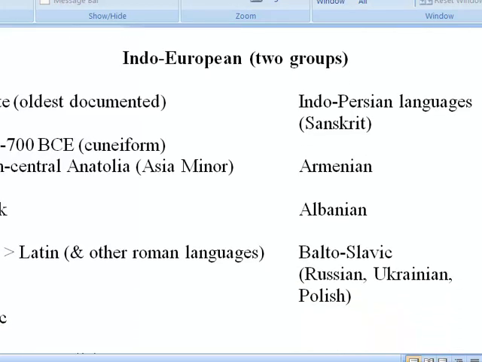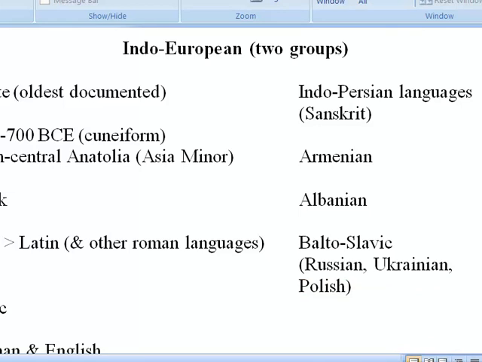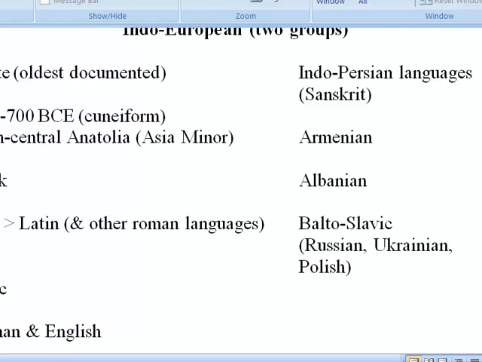On the left, you have the ones that we're going to be working with, German and English. We also have Greek and Latin, Celtic. Over on the other side, we have Sanskrit, Indo-Persian languages, and the Slavic languages, like Russian, Ukrainian, and Polish.